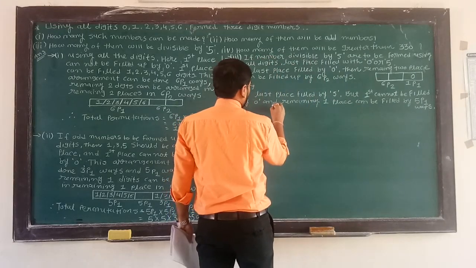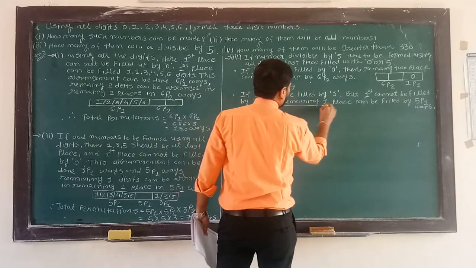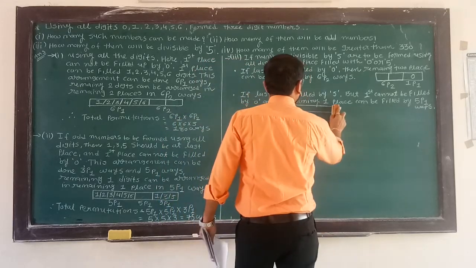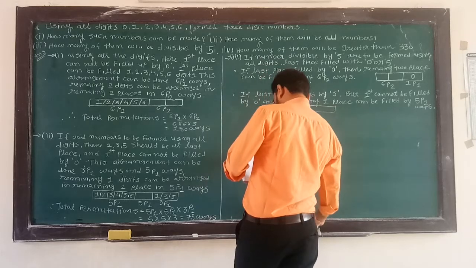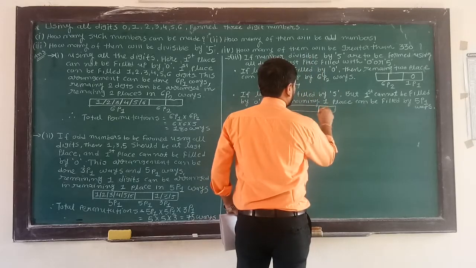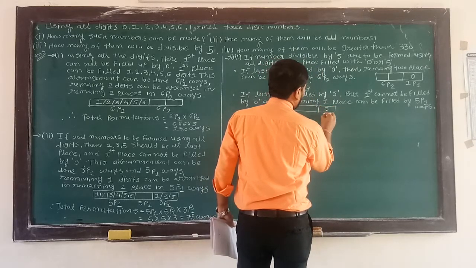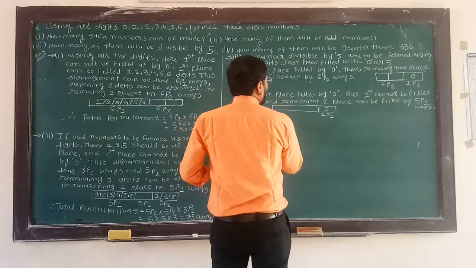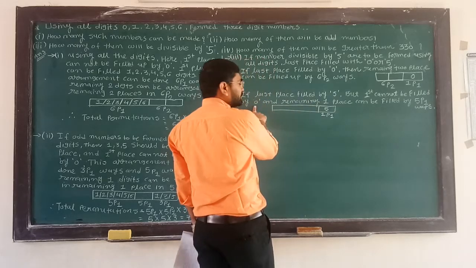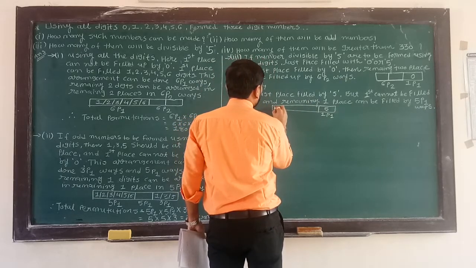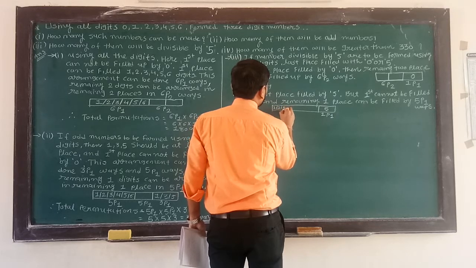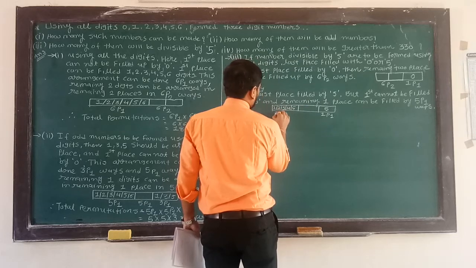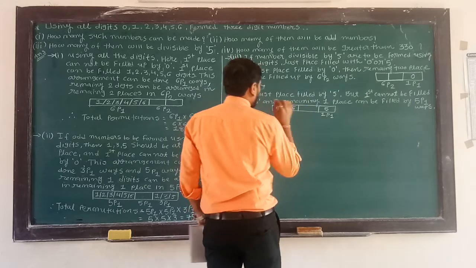See the students, here we made the last place filled with 5, so we write 1p1 ways. The first place is not filled with 0, so we can use here 1, 2, 3, 4 and 6. How many numbers? 5, so we write here 5p1.